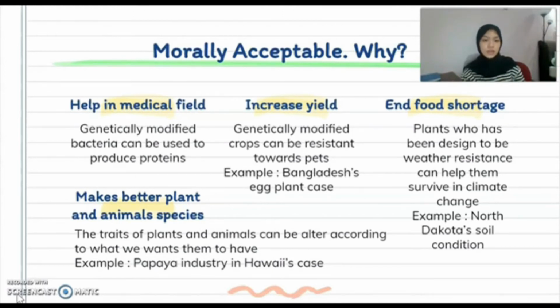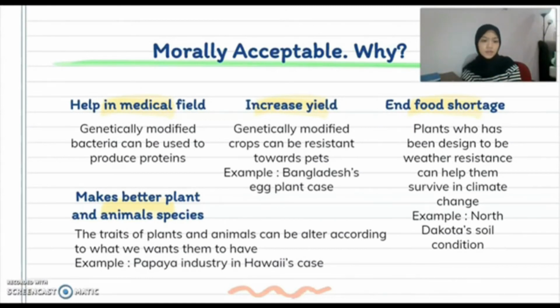So, in 2003, they mengeluarkan eggplant yang telah di modified dia punya genetik, dorang tambah the BT protein so to make it resistant towards pest. So bila dorang dah tanam this kind of eggplant, farmer boleh kurangkan penggunaan pesticide up to 80%. And their health also improve and their income also menaik.